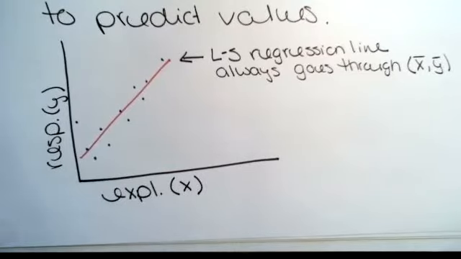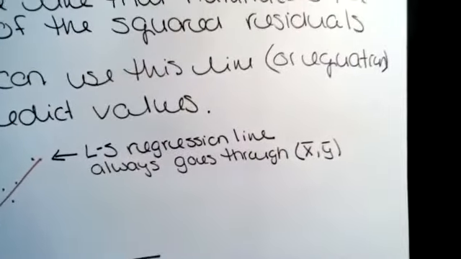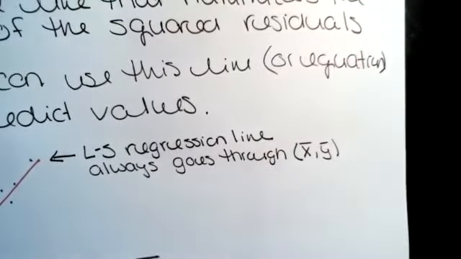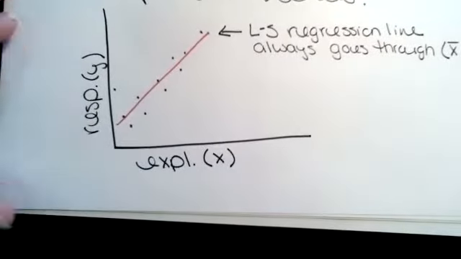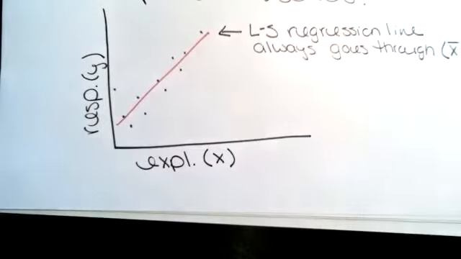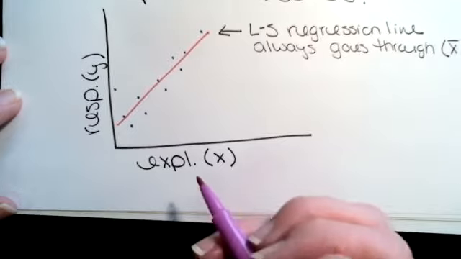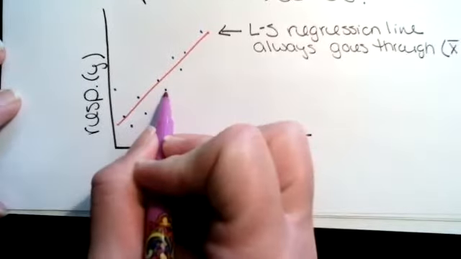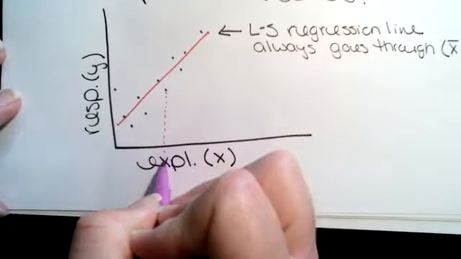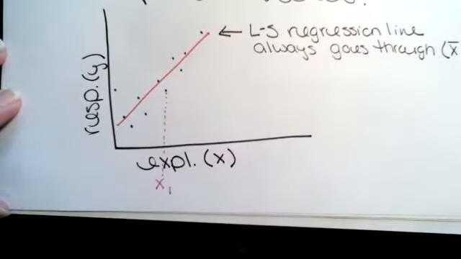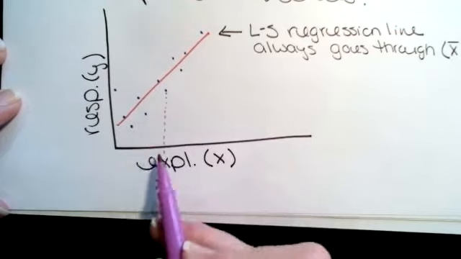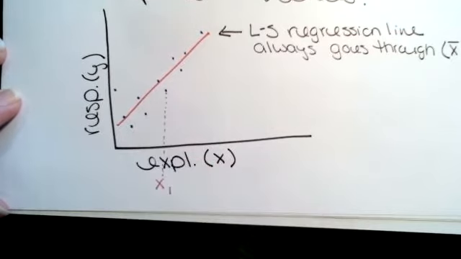And let's take a look at a data value, because I brought up residuals over here. If I have some data value, say maybe right here, and I do a dotted line down here, this would be my x1, the x that goes with that individual.